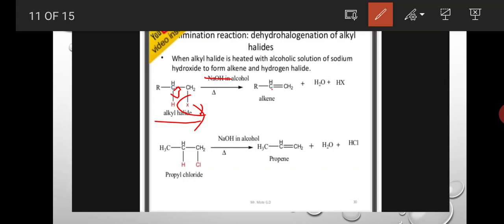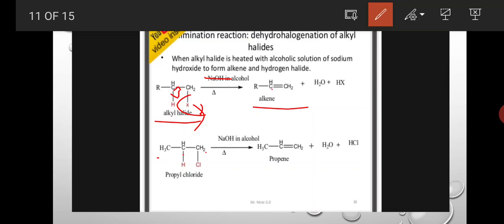Alkyl halides heated with alcoholic solution of sodium hydroxide undergo dehydrohalogenation and form the alkene functional group, RCH=CH2, plus H2O plus hydrogen halide. Here the example is propyl chloride, CH3CH2CH2Cl.